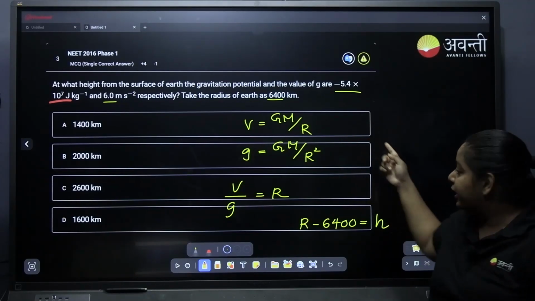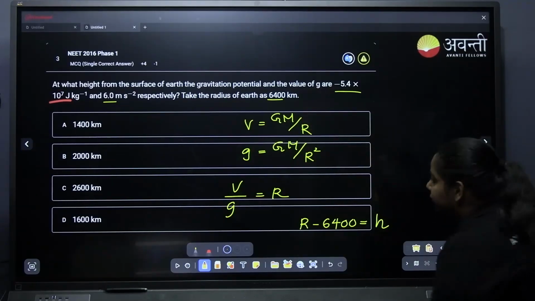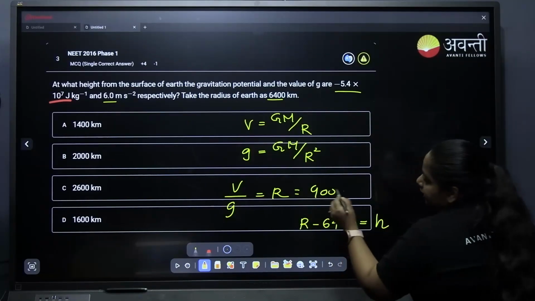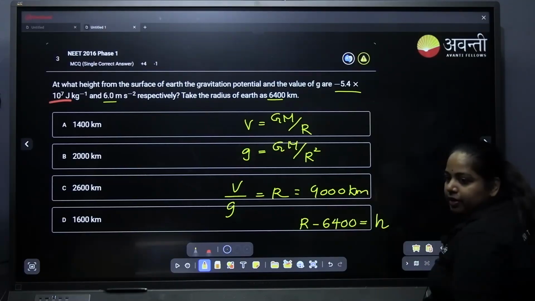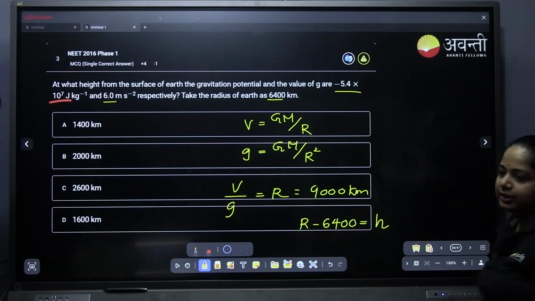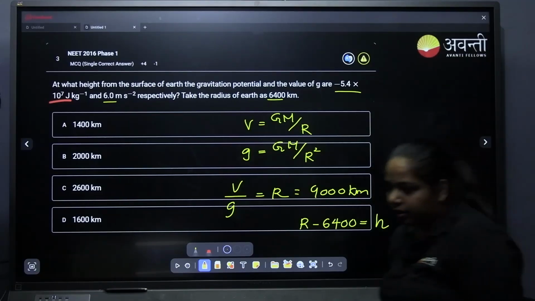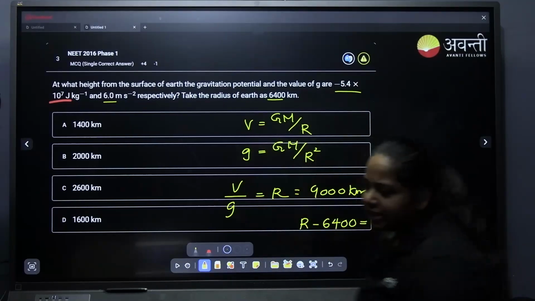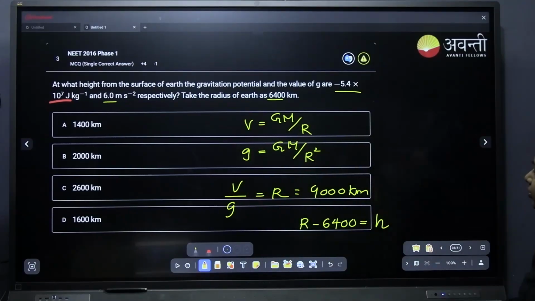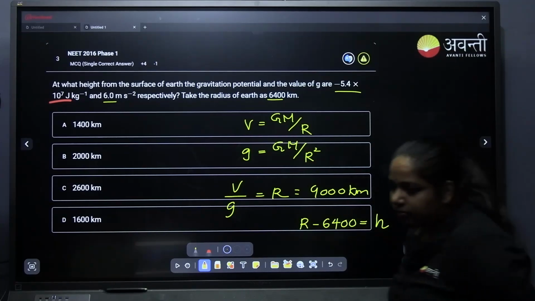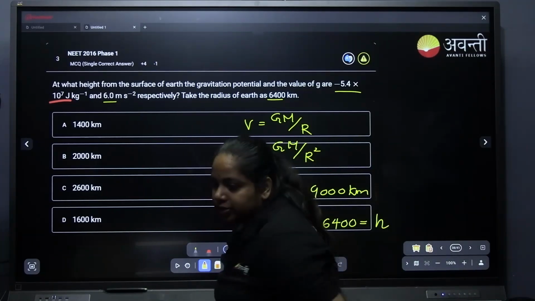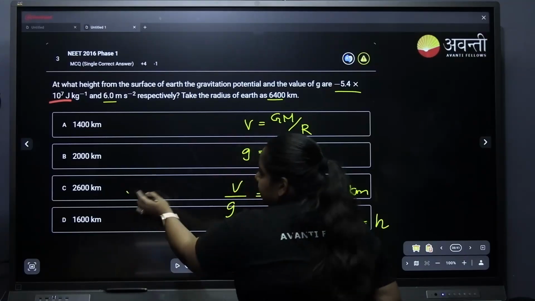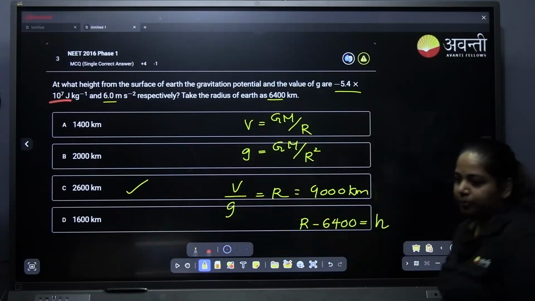Then if you are writing in kilometer, this is given in kilometer, you will get R equal to 9000 kilometer. So H will be equal to 9000 minus 6400. Yes, 1600. Check again. Actually, option C is the answer, 2600 kilometer.